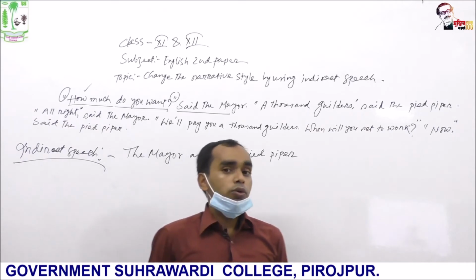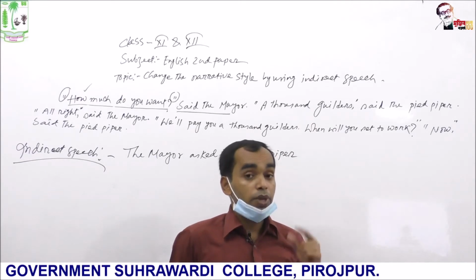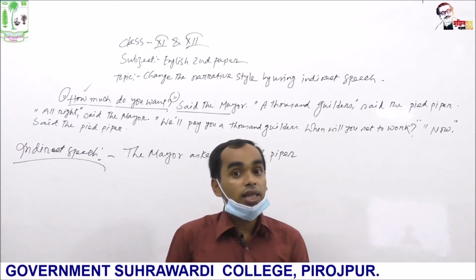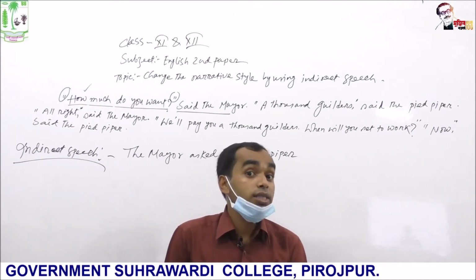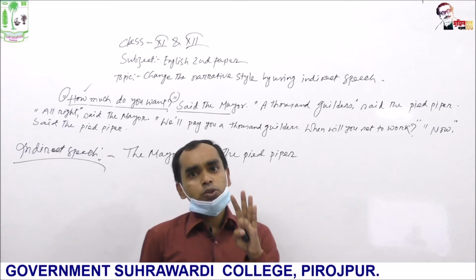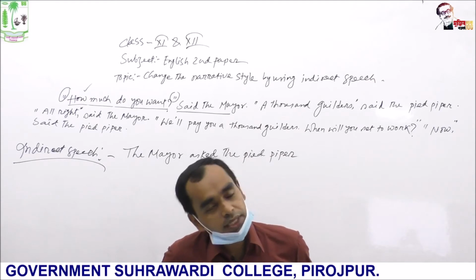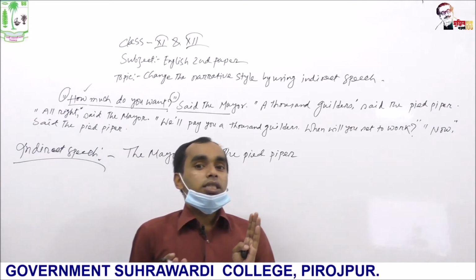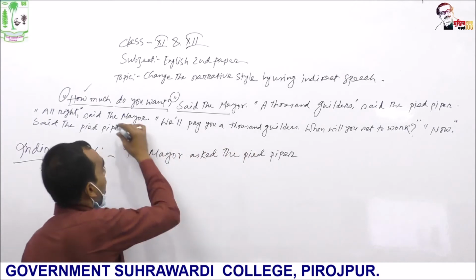Because in making indirect speech we have to connect two sentences, and that's why we use a linking word, or sentence connector or linker. And you know that all the WH words do the function of a linking word. That's why we need not use any linking word here. So we can use "how much."